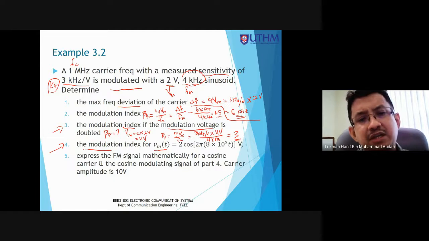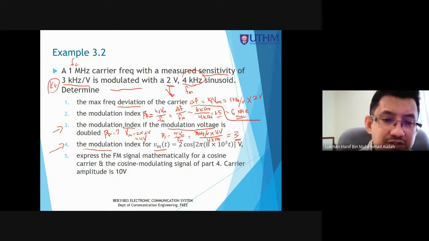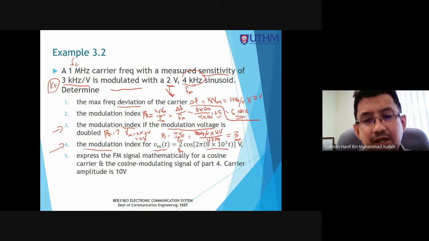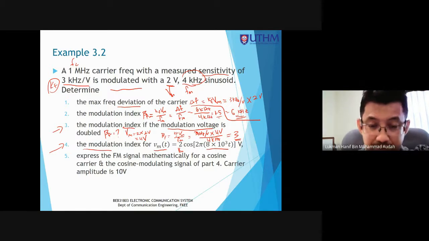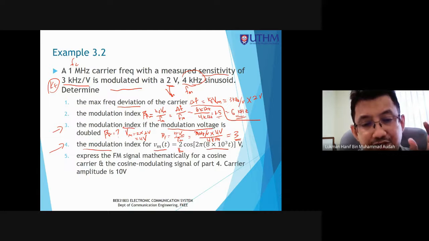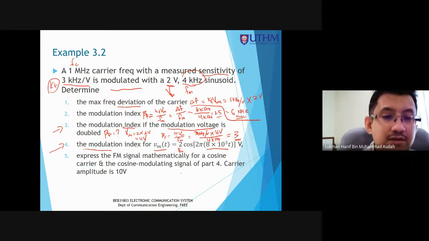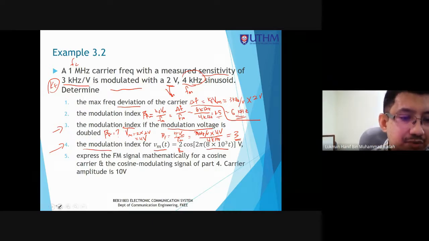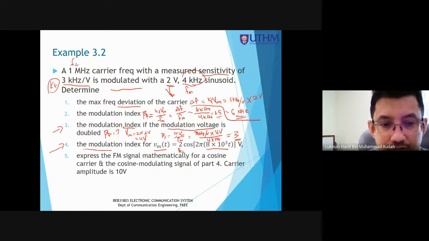Di sini Vm masih 2 volt, tetapi frekuensi telah berubah menjadi 8 kHz. So this question wants you to calculate beta f if the modulating signal frequency Fm becomes double. Macam mana kalau Fm menjadi double?